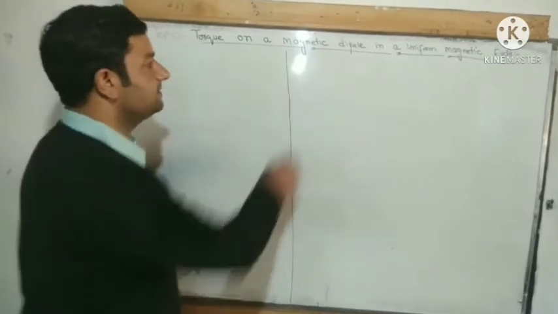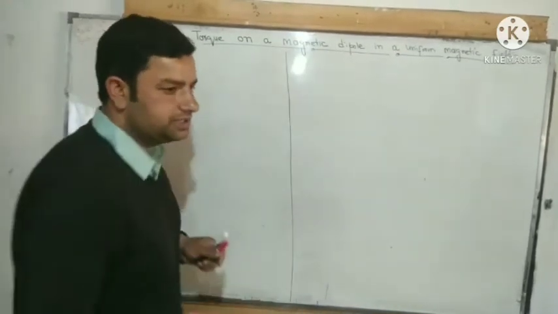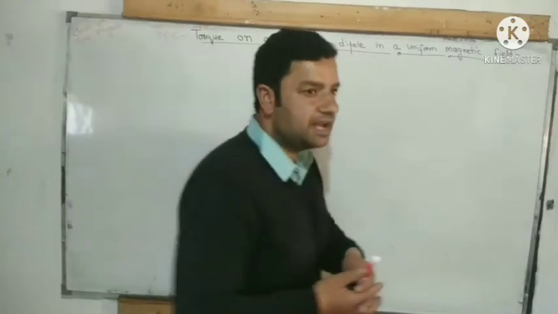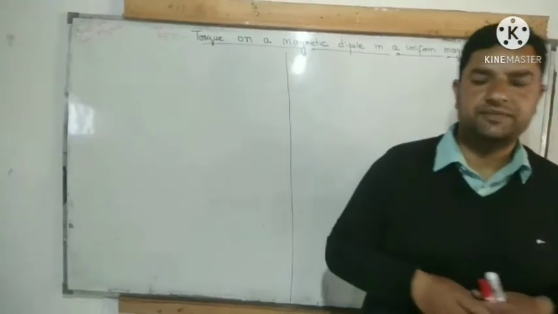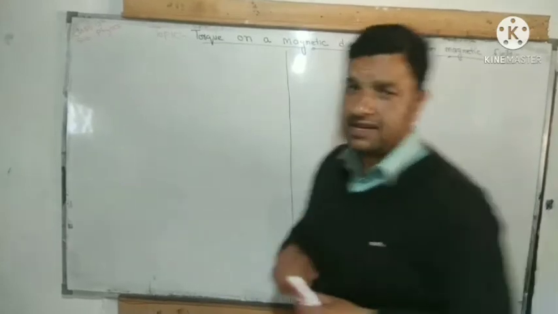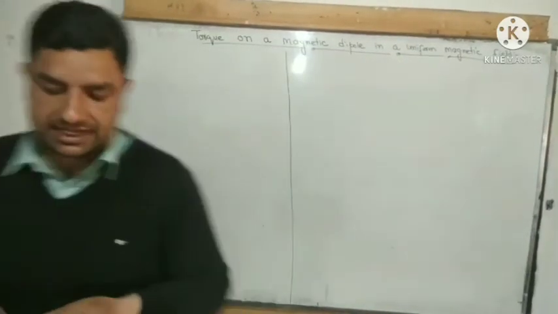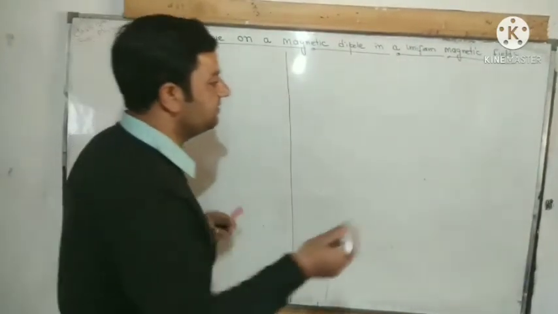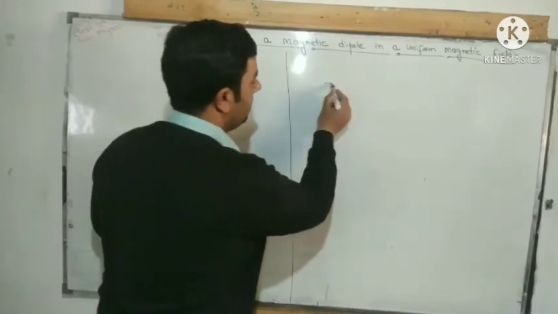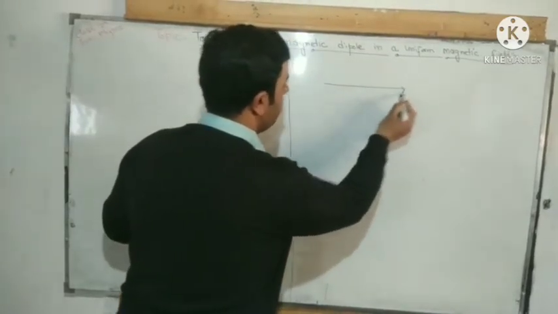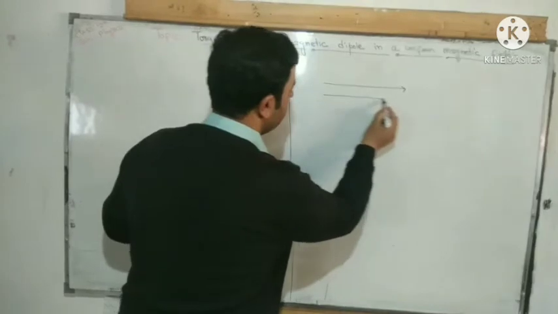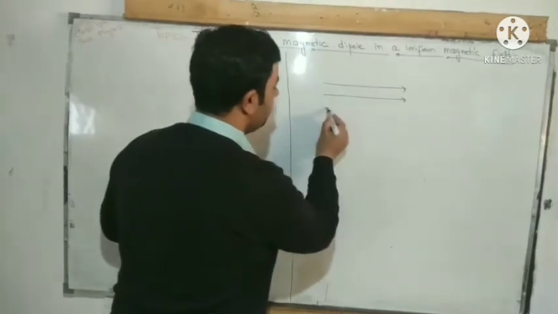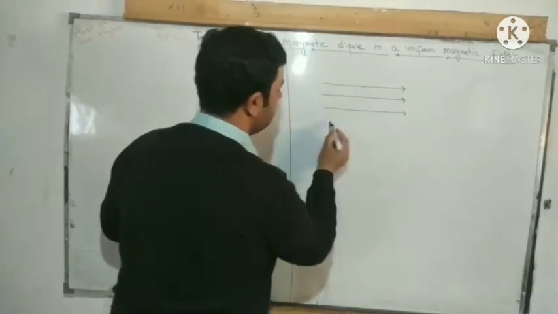From the previous topic, a magnetic dipole means a pair of two equal and opposite magnetic poles. A uniform magnetic field is represented by a set of parallel and equidistant lines.